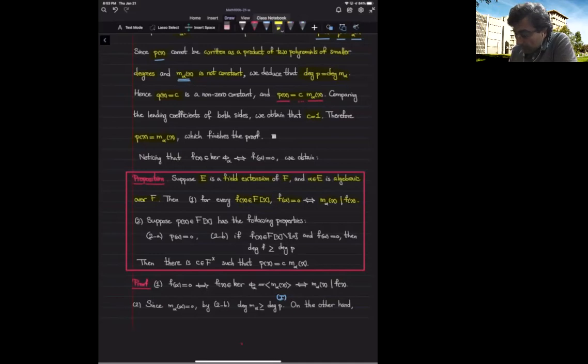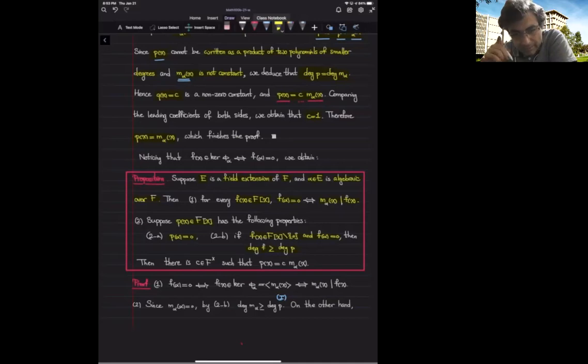And moreover, if I give you a polynomial with coefficients inside F that has alpha as a 0, and the degree of every other polynomial that has alpha as a 0 is at least the degree of this polynomial.